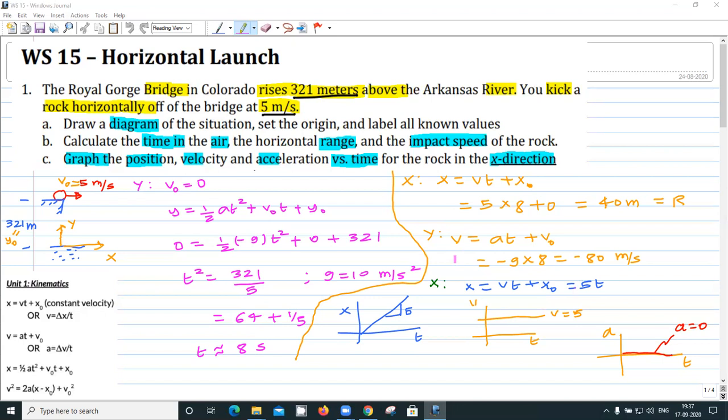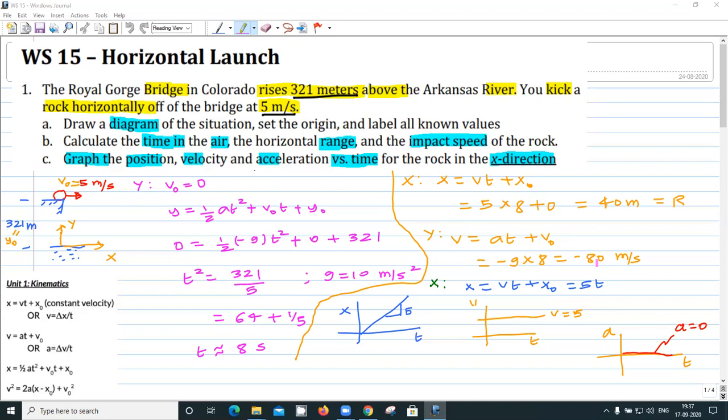So for the y impact speed, this v sub 0 is 0. Your initial velocity is 0 in the y direction. Yes. Okay, so from this you get a as minus g, the acceleration in the y direction. So that would be negative 9.8 times 8.